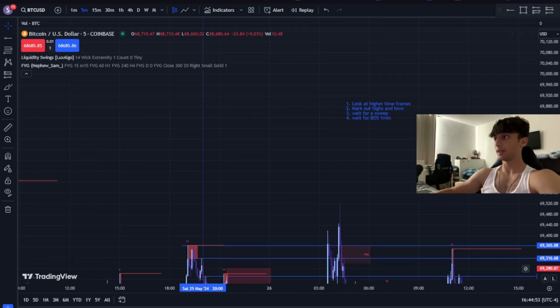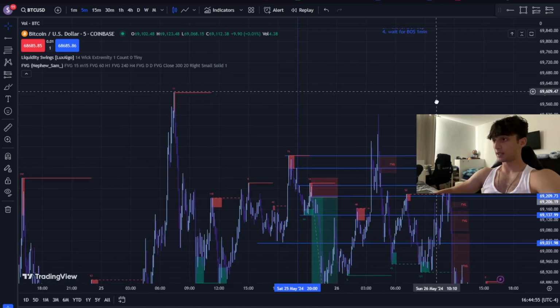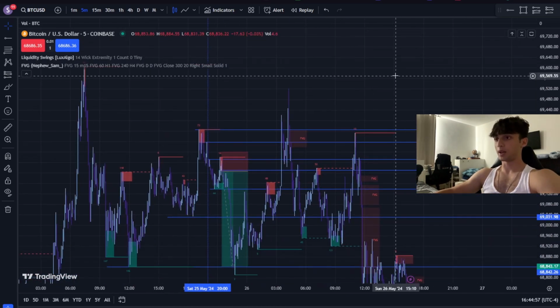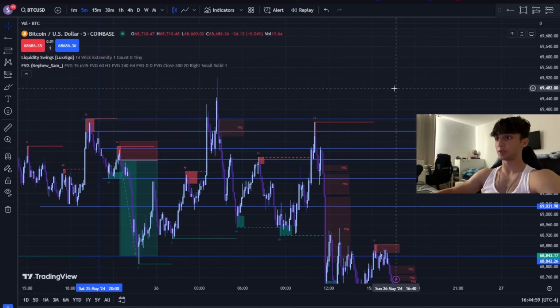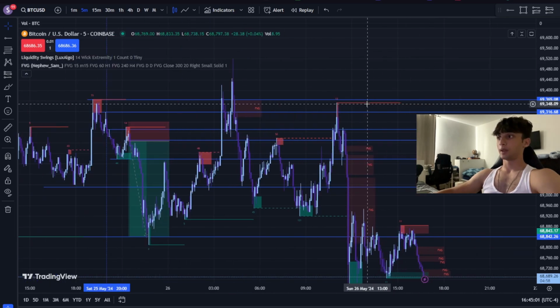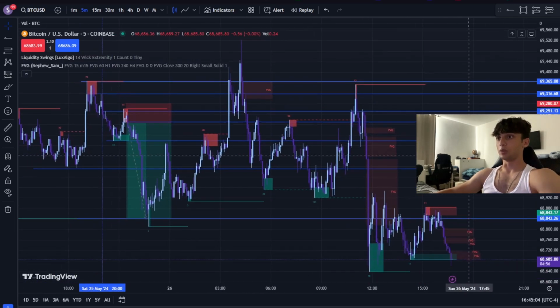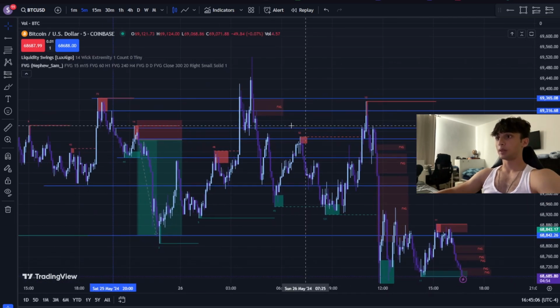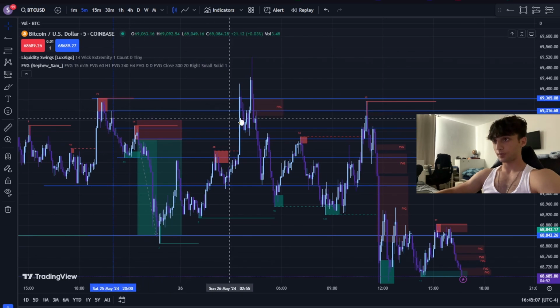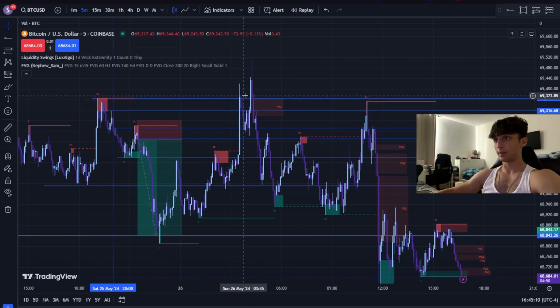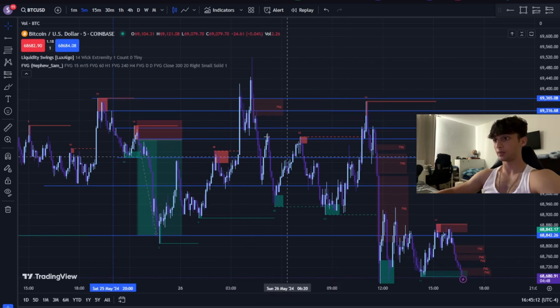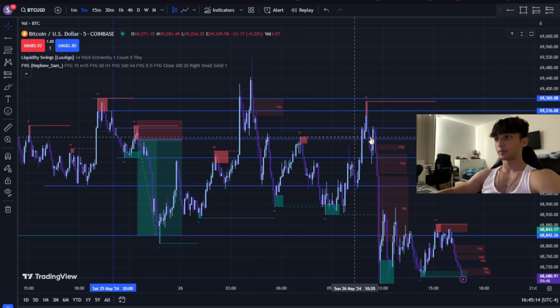So this doesn't have a 100% win rate. Like any strategy, of course, doesn't have a 100% win rate. But yeah, it's still usable, right? So like, bam, look at this too. Over here, it basically swept the liquidity and continued downwards.